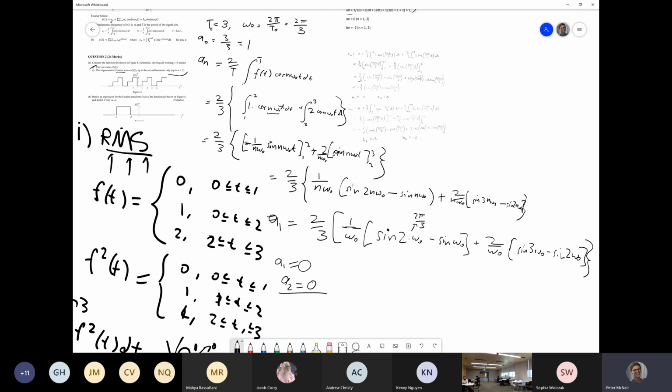And that's just going to be through substitution. Just double check these integrations are okay. Very strange.